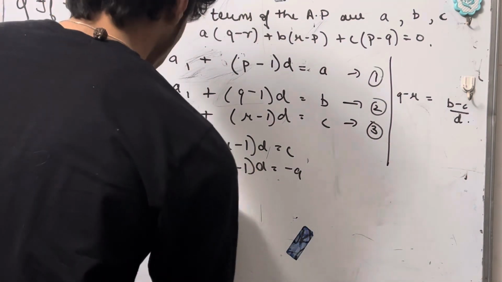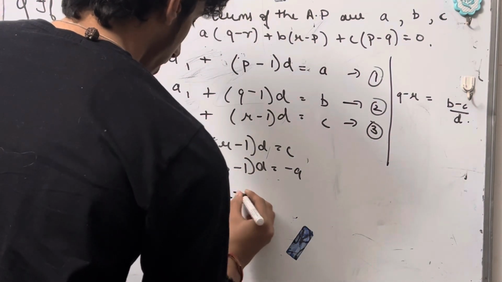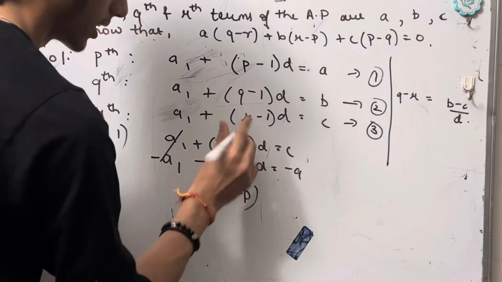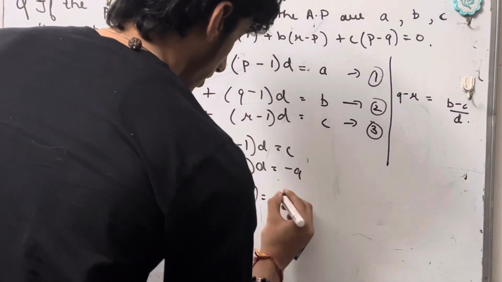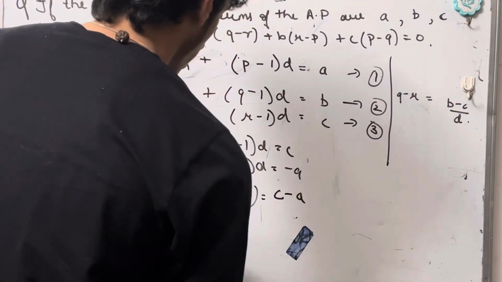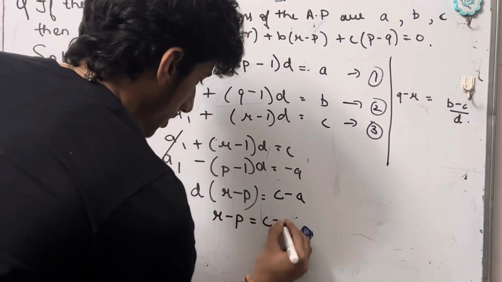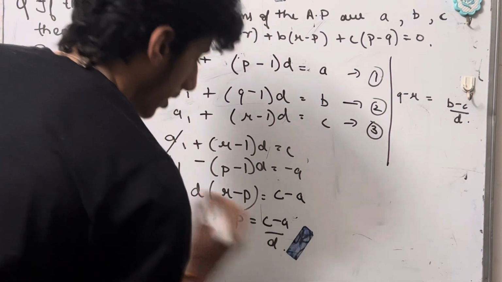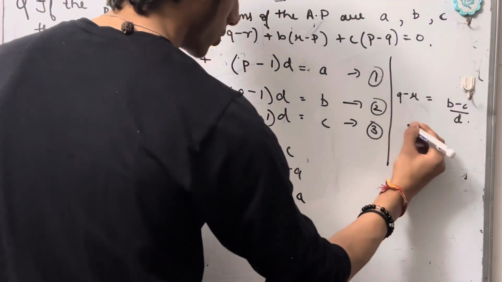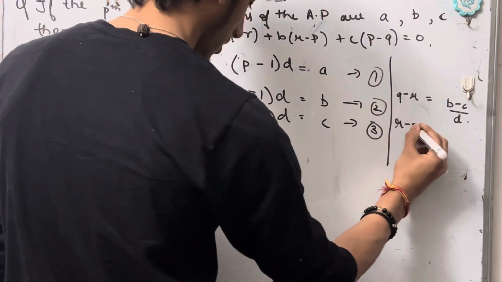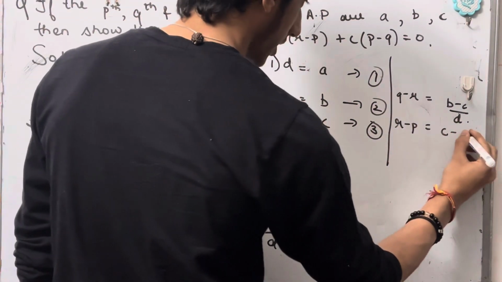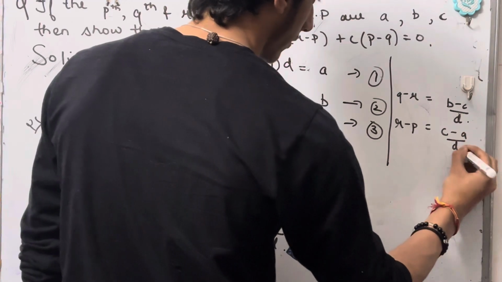Now I have this left, which will be equal to R minus P, since 1 and 1 will get cut, and over here C minus A. So finally I get the value of R minus P is equal to (C minus A) upon D. I will write the values over here.